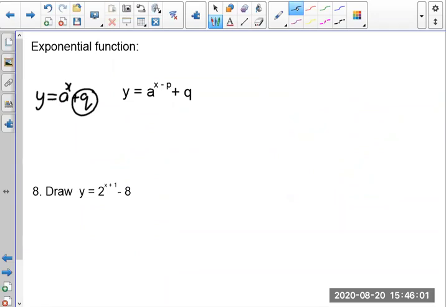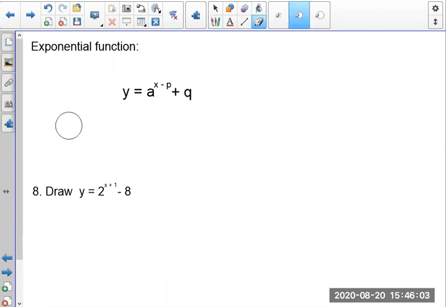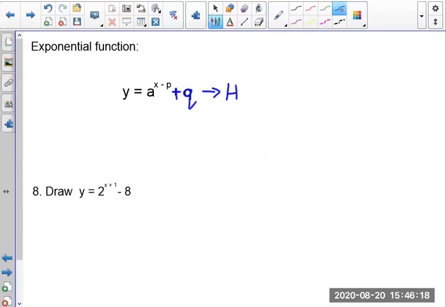Now that's still the case. This plus q will give me the, which asymptote? There's only a horizontal asymptote. Horizontal asymptote. And that will be y equals q.